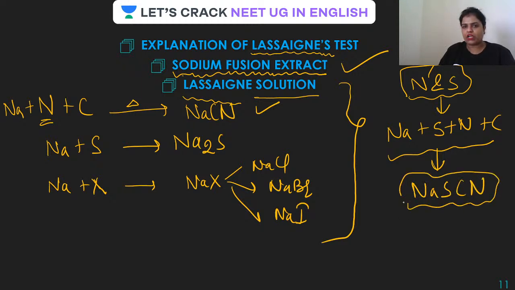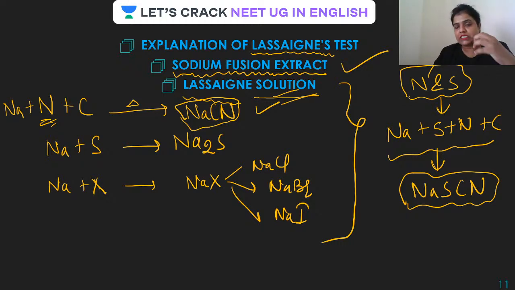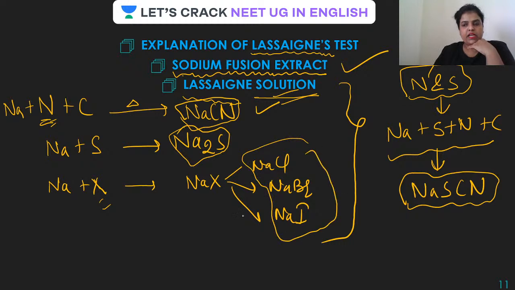So whenever you are talking about Lassaigne's solution: if the compound has nitrogen, the solution contains NaCN. If the compound has sulfur, the Lassaigne's solution is Na2S. If the compound has halogen, the solution can be one of the sodium halides. And if the compound has nitrogen and sulfur together, the Lassaigne's solution will have NaSCN.